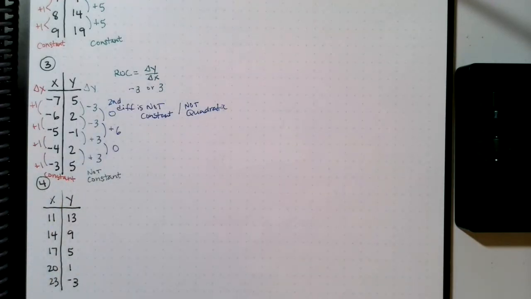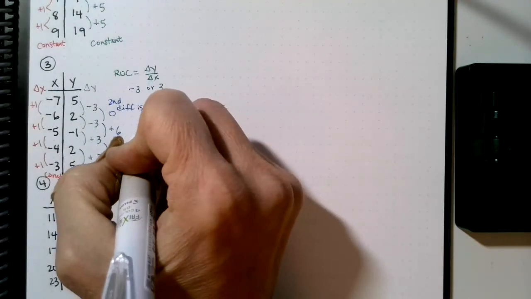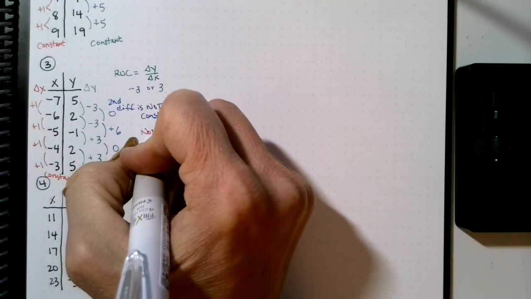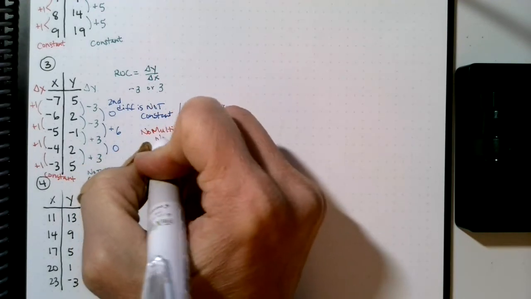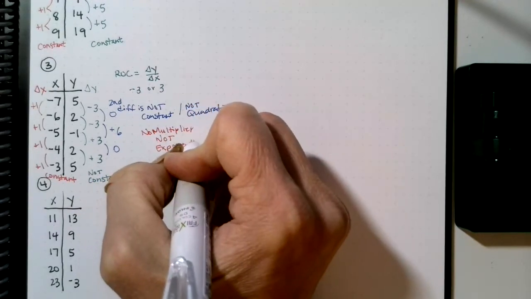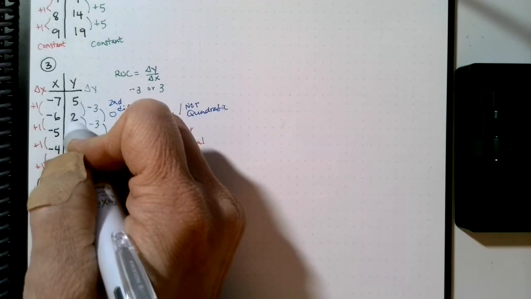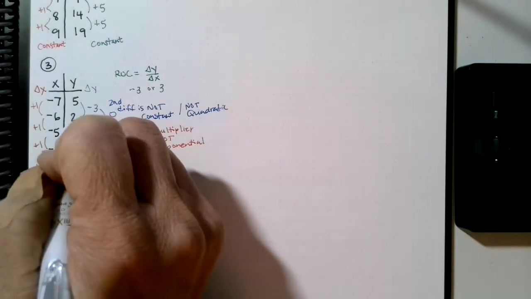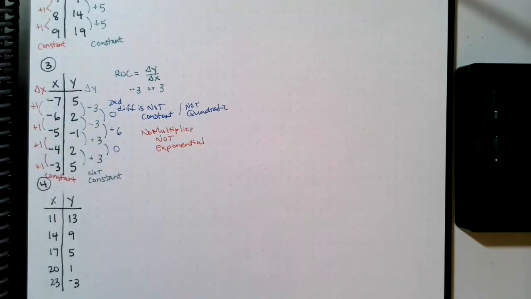So you could say no multiplier means not exponential. And you could divide successive terms. So I could take 5 divided by 2 and see that that's a different quotient than 2 divided by -1 or -1 divided by 2.